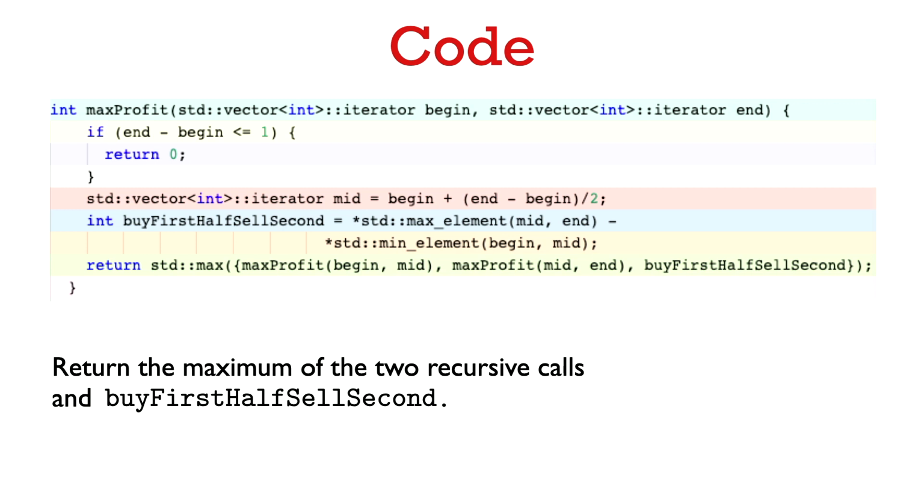The maximum profit on the second half of the vector, which is computed with the recursive call to max profit with arguments mid and end. And by first half sell second half, which is the maximum profit from case 3. And that's the whole algorithm.